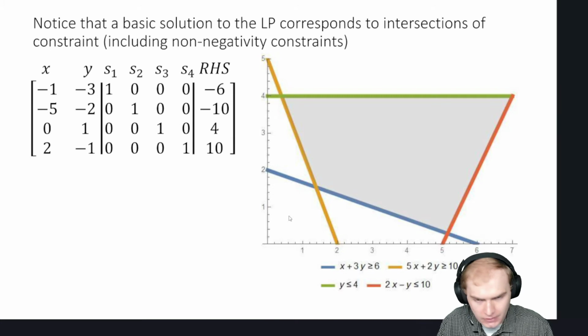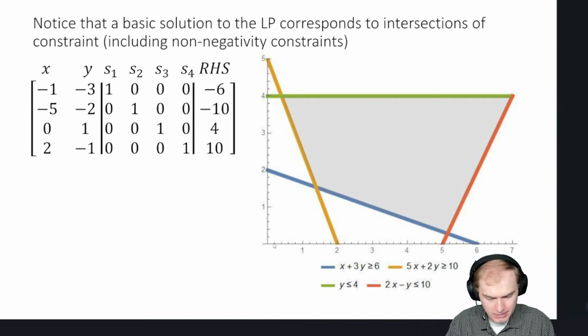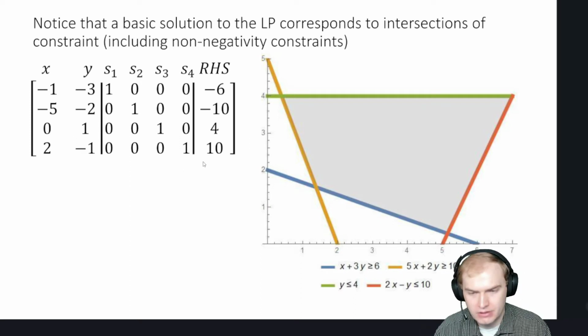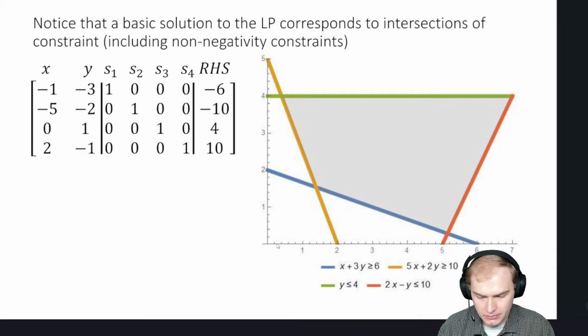Yeah, let's start by picking a point on this plot. I'm going to start with just the origin. Now I know it's not feasible, and we're going to show you how we can see that from our solution.